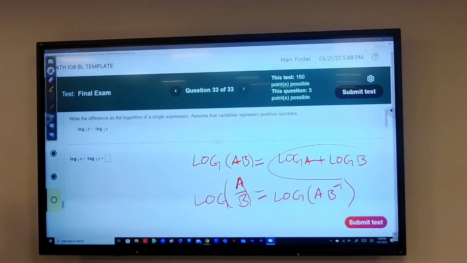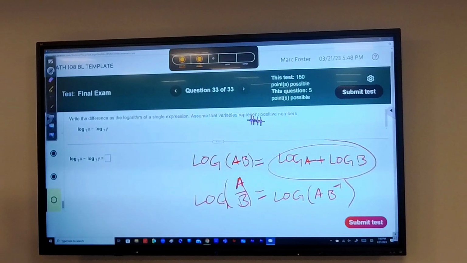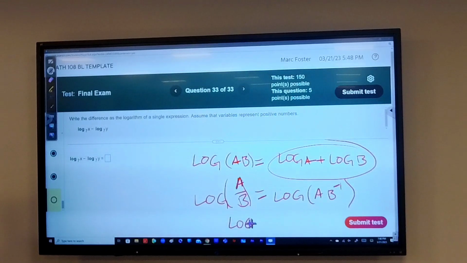And then I could use this very same property to get log of a plus log of b to the minus 1. And what happens to that minus 1? It doesn't fall off, it comes down out front. So it says log of a minus log of b.